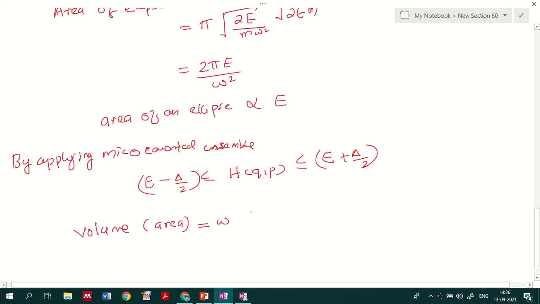Like the same that we have done for the earlier case of a classical ideal gas. Here, when you consider this case, we'll have a 3n-dimensional position coordinate and 3n-dimensional momentum coordinate, in total a 6n-dimensional case.